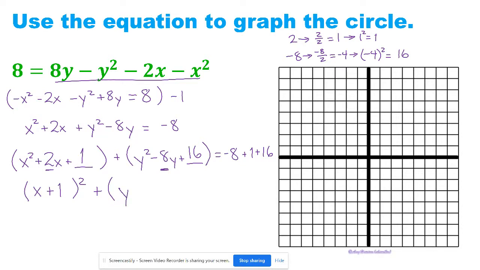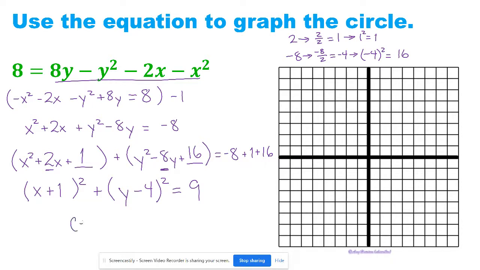Got to multiply to give me 16, add to give me negative 8. So that's going to be negative 4 and negative 4. So it's going to be y minus 4 squared. And then I'm going to simplify on the right here, negative 8 plus 1 plus 16. That gives me positive 9 when I add those together. So that's my equation now. I have x plus 1 squared plus y minus 4 squared equals 9.